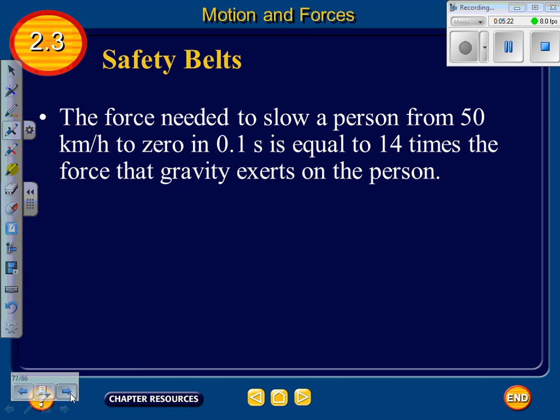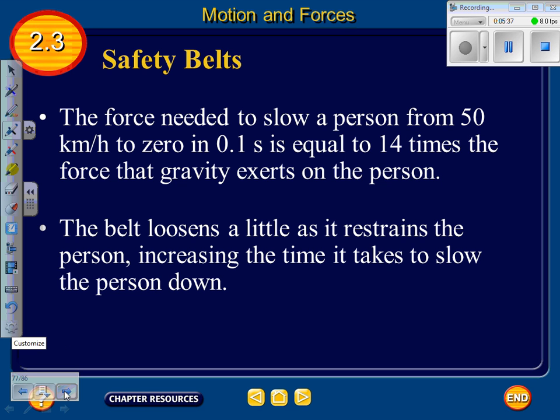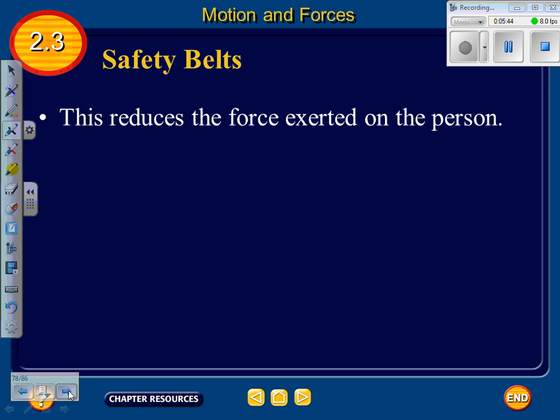You may have heard examples like mothers taking babies out of car seats and saying, oh, I can hold on to the baby. It's not going to happen. That baby's going to come flying out of your hands in a crash because, as this says, 14 times the force of gravity. A belt loosens a little as it restrains a person, increasing the time it takes to slow the person down.